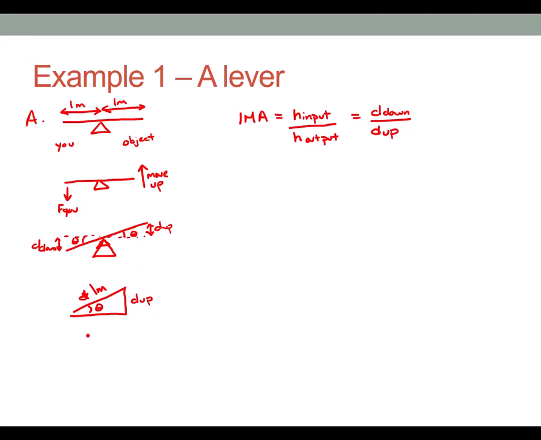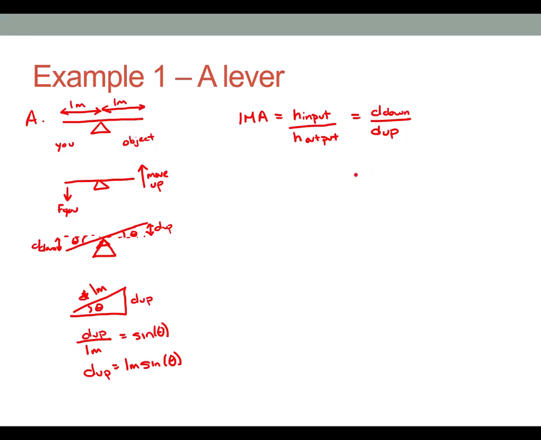And so the distance upward is on the side opposite of our hypotenuse, which we know is 1 meter long because it's just our lever tilted. And that has to equal the sine of theta, the definition, SOHCAHTOA. So we can redo this, that the distance up will be 1 meter times the sine of theta.